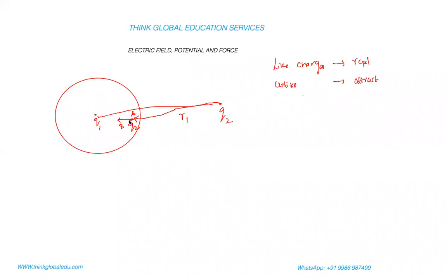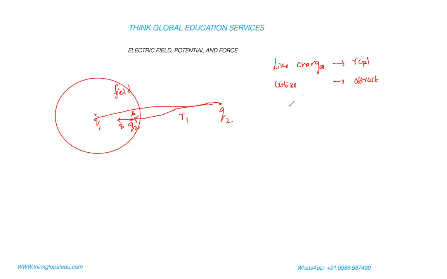When I bring a charge into the region around the charge, it feels a force. So I can name this region the electric field. Since it's a space, that's why I'm calling it a field. The force felt by the charge is called the electric force. When I bring the charge into the field, it feels a force.